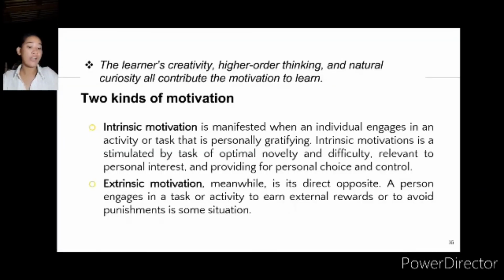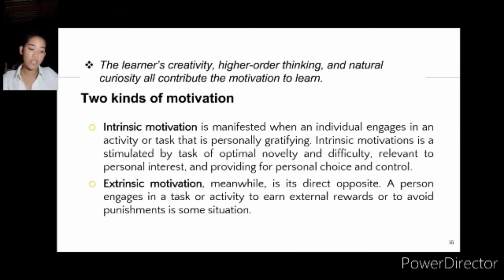So next, learners' creativity, higher order thinking, and natural curiosity all contribute to motivation in learners. There are two kinds of motivation: intrinsic motivation and extrinsic motivation.